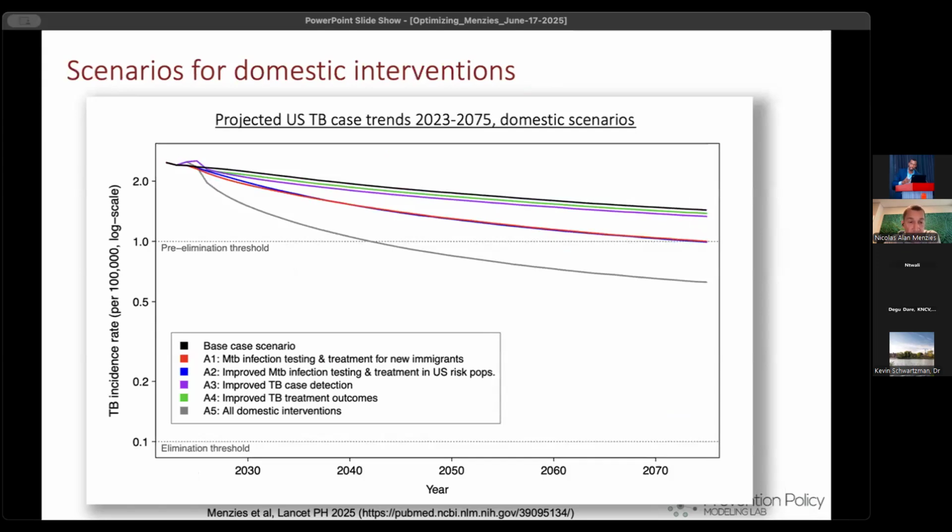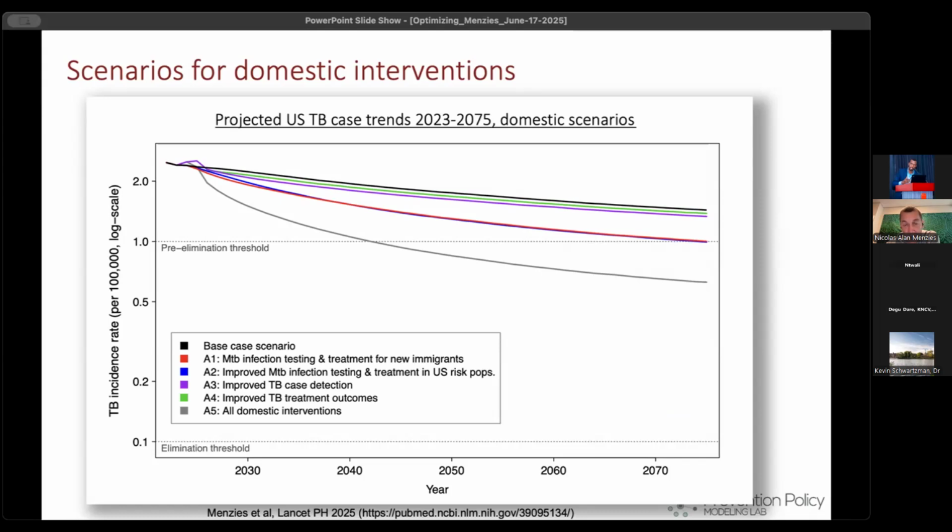Now looking at the projections of these different policy scenarios. Here we are looking at scenarios for domestic TB intervention. As with the earlier plots, every line is a single policy scenario. So the black line at the top is the status quo. Don't change anything. Then each of the other lines represents some form of intervention. Adoption of better TB treatment regimens might be great for those who are receiving the regimen.